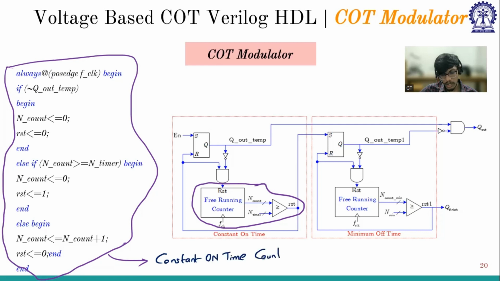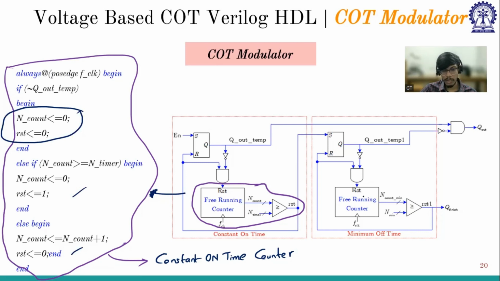It will count for constant on time and then it will be reset. The logic is that it is being counted and whenever there is a reset, it will be reset. Otherwise, it will keep on counting until the reset pulse comes. So this is the constant on time block.